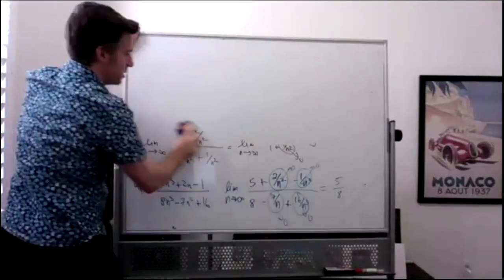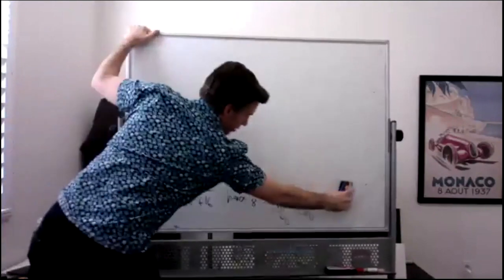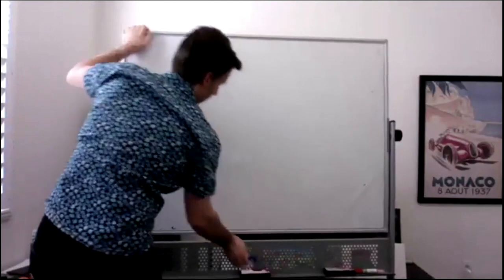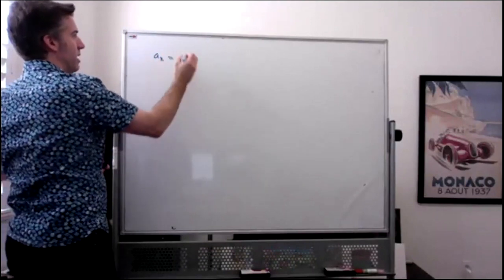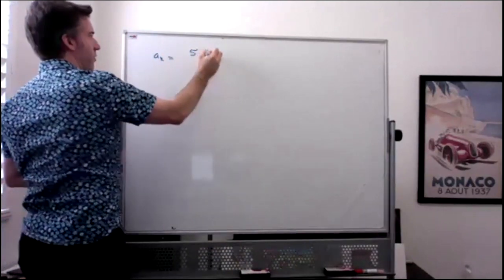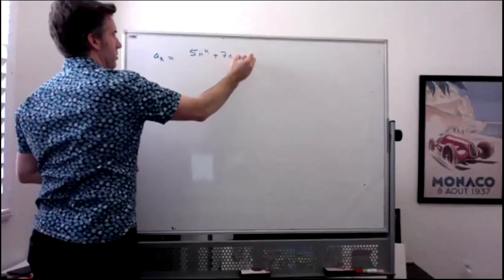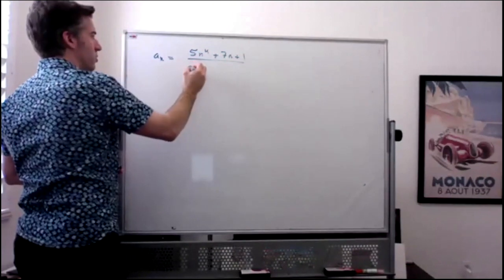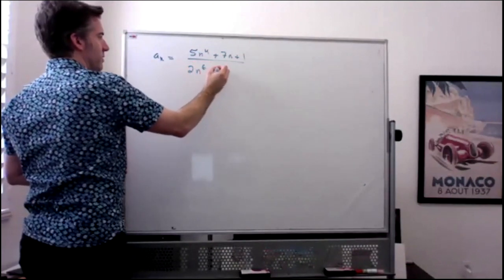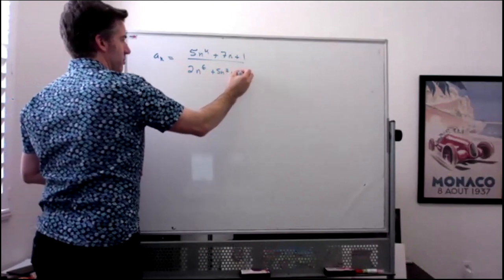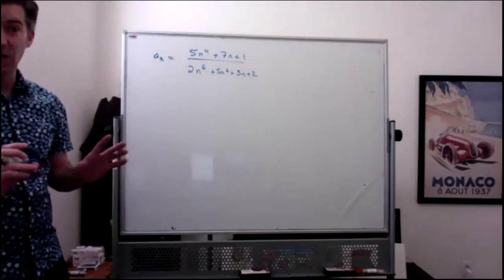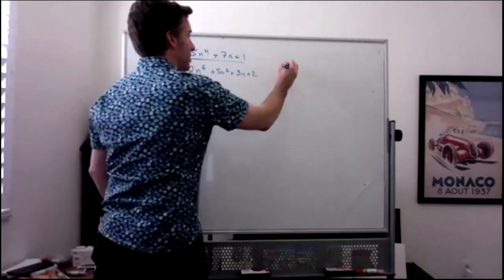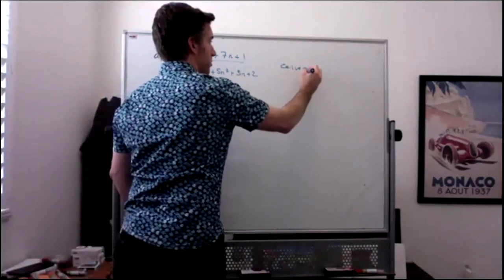So in the same sort of way, without really making any effort, I could say that the sequence a sub n equal to (5n to the 4th plus 7n plus 1) over (2n to the 6th plus 5n squared plus 3n plus 2), I know without doing any work at all, this converges to 0.